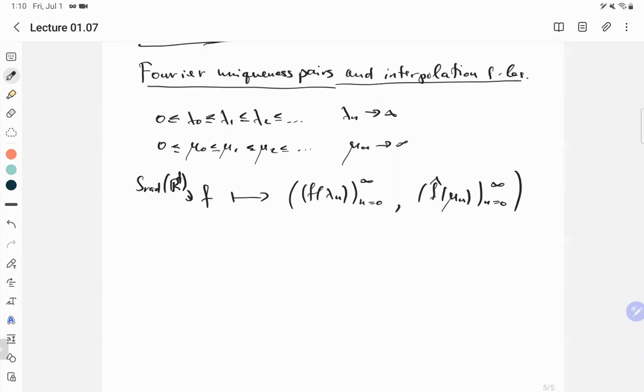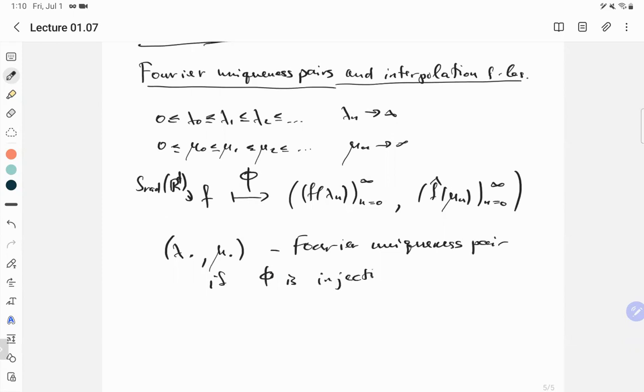And so lambda and mu is a Fourier uniqueness pair if, let's call this map phi, phi is injective. So in other words, when the reconstruction can work from this data.